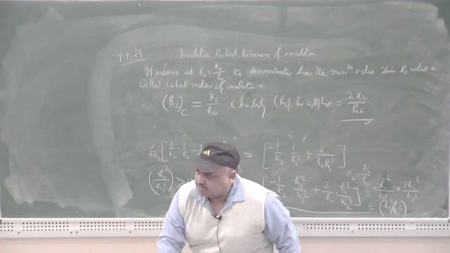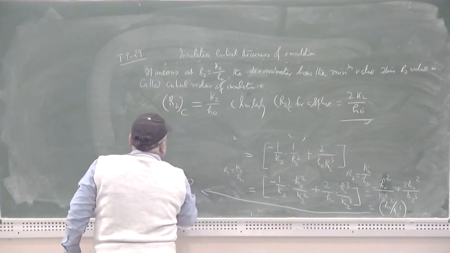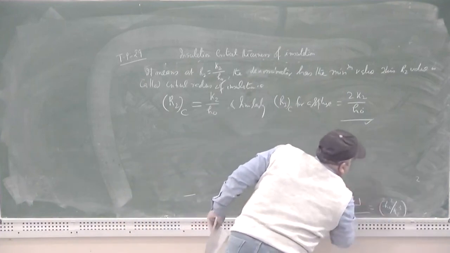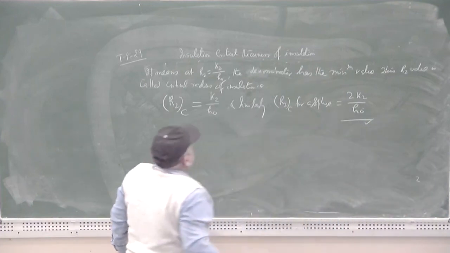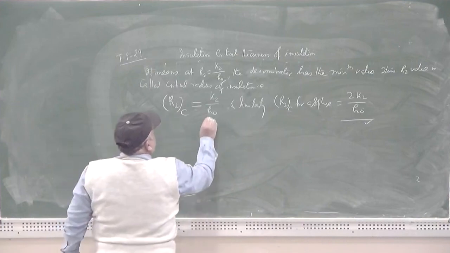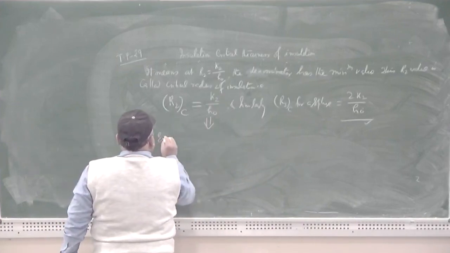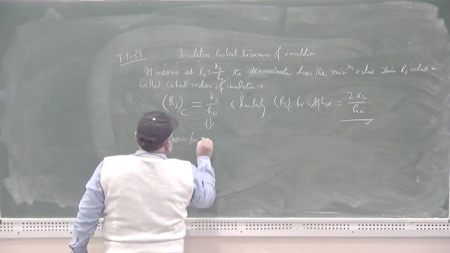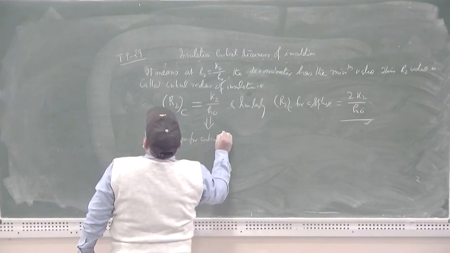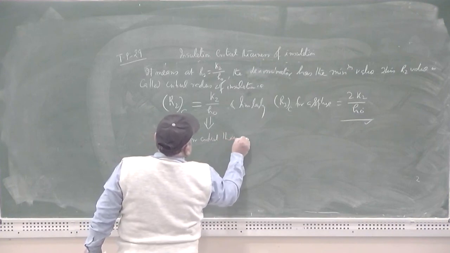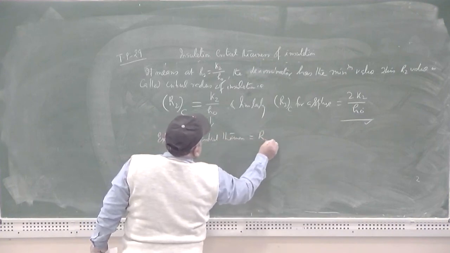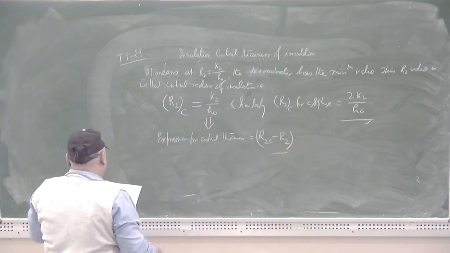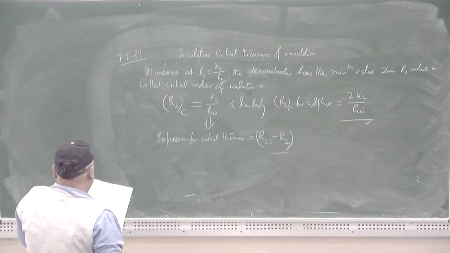Hence, the expression for the critical thickness is equal to R2C minus R2. This is the value of the critical thickness of insulation.